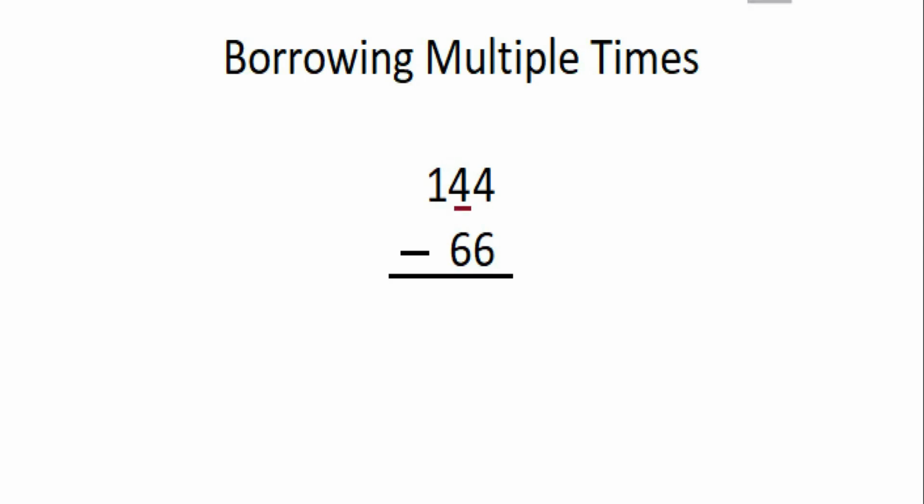We're going to borrow 1 from the next number here in the tens column. To borrow, I'm going to cross out 4 because I am borrowing 1. So we're going to borrow 1 by crossing out 4, and 4 becomes 3.